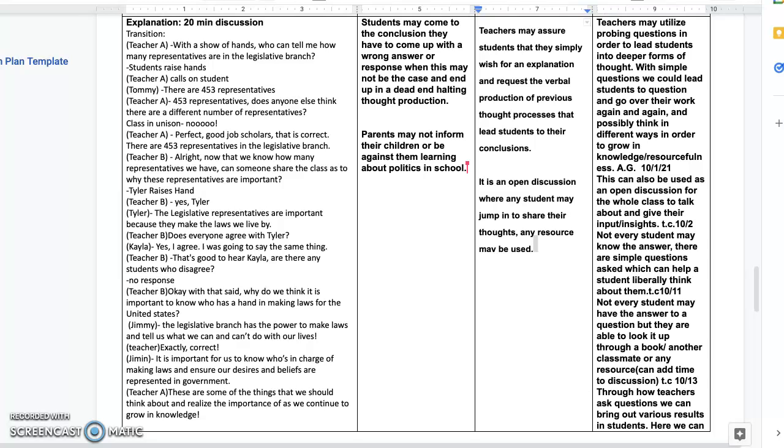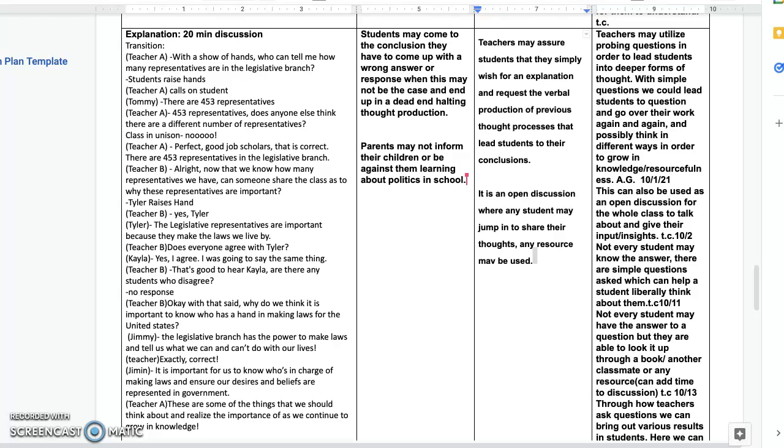Another barrier is that at home, parents may not inform their children, or they may even be against their children learning about politics in school. But this is not just learning about politics. This topic is more so informing the students and having them be aware as to who their representatives are.